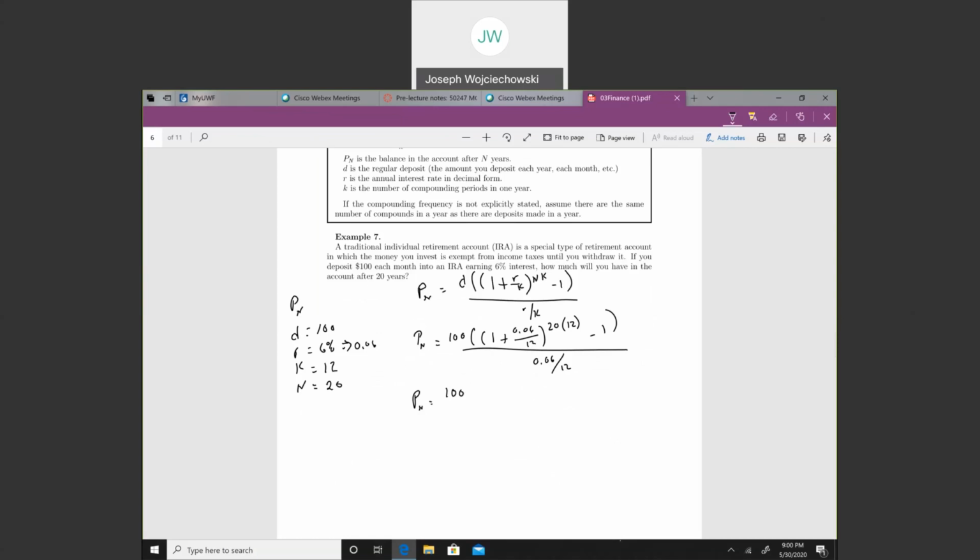This will stay the same. 1 plus, let's see, what is that? 0.06 divided by 12 is 0.005. 20 times 12 is 240, minus 1, and this is all over 0.005. Okay.